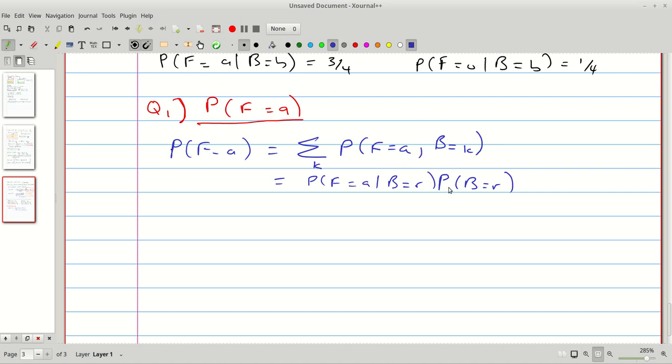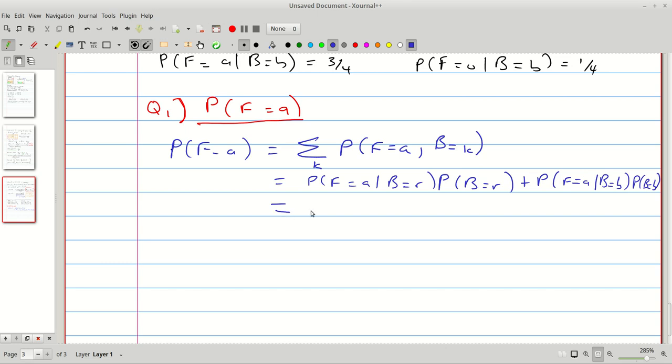So you can rewrite this as a product: the probability that f is equal to a given the box is equal to r, times the probability that the box is equal to r, plus the probability that f is equal to a given the box is equal to b, times the probability that the box is equal to b. That's essentially what it is. We're just summing through all possible values here.